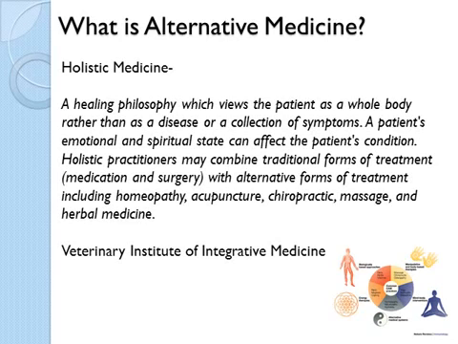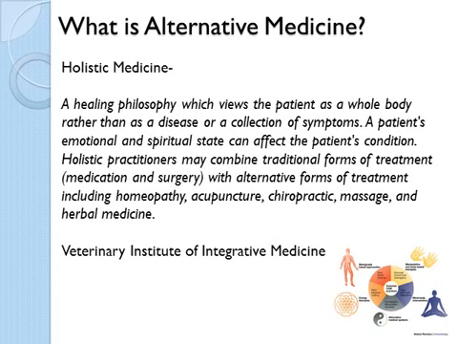One more, this is from the Veterinary Institute of Integrative Medicine, which is another educational group that represents a lot of alternative practitioners. Holistic medicine is a healing philosophy which views the patient as a whole body rather than as a disease or collection of symptoms. A patient's emotional and spiritual state can affect the patient's condition.